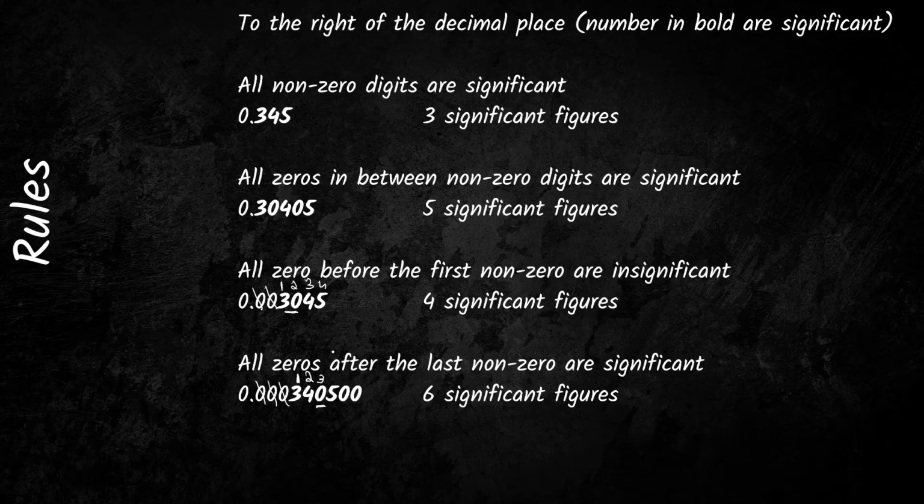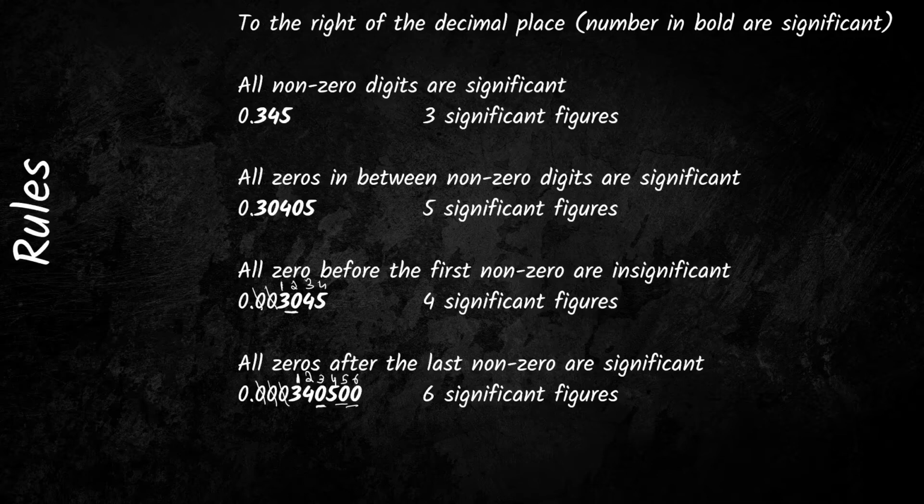The 5, of course, is a non-zero, considered significant. The last zeros, again, this is only to the right of the decimal place: the zeros after the last non-zero digit are considered significant. So this right here, 5 and 6 significant figures.